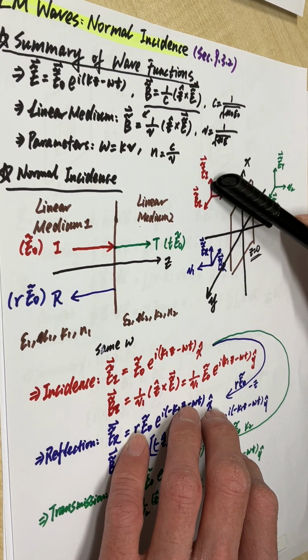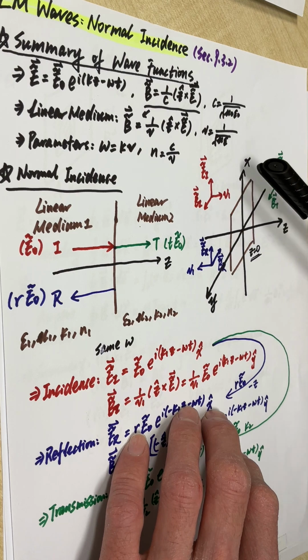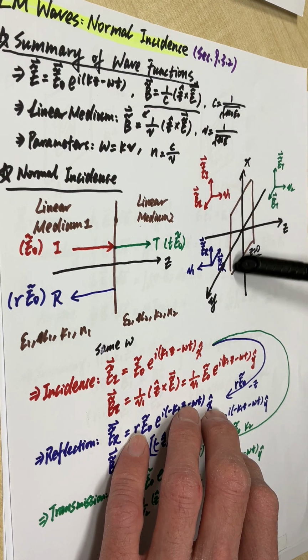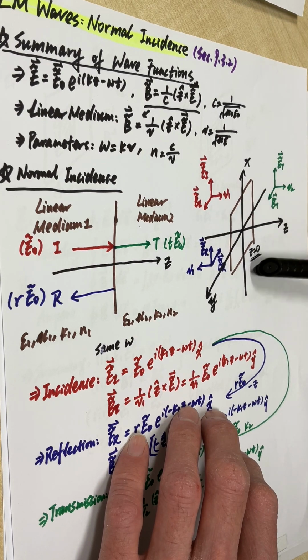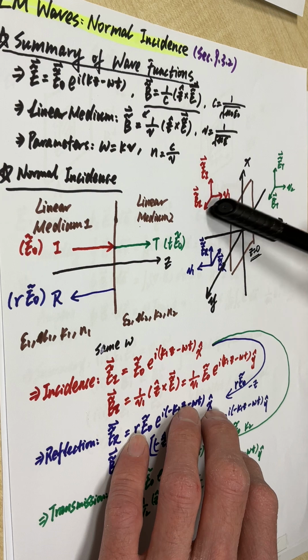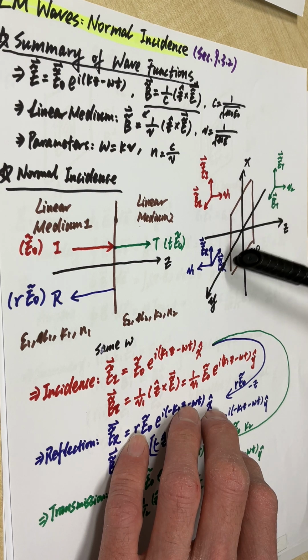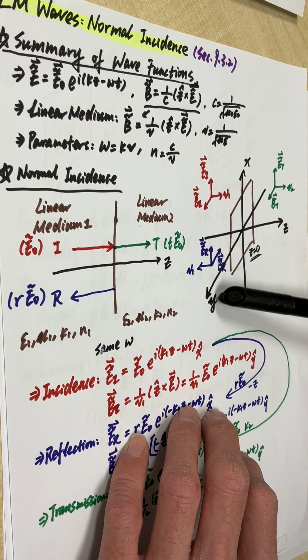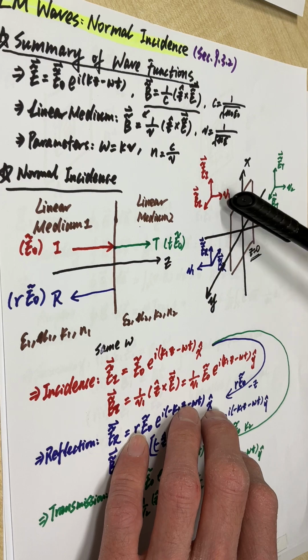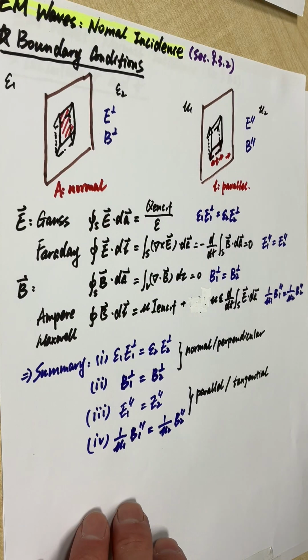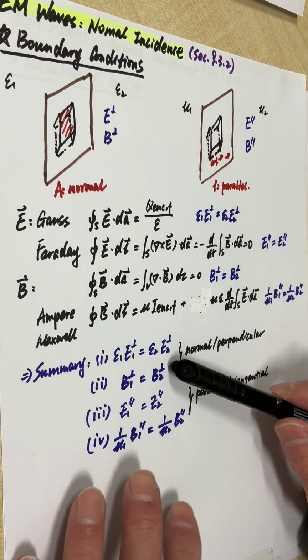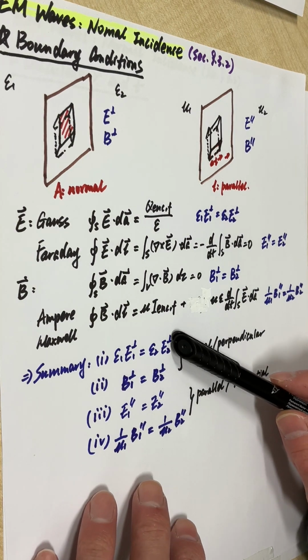They only have parallel components. There is no normal component. So this is the plane, and E field is polarized in the x direction. They are all parallel to the boundary. And the magnetic field is either in the y direction or minus y direction, which is also parallel to the boundary. So the first two boundary conditions are just naturally trivial.